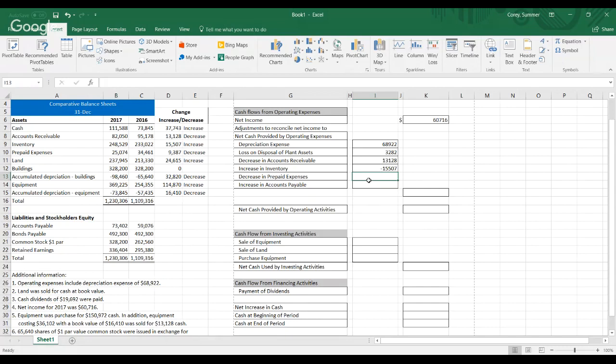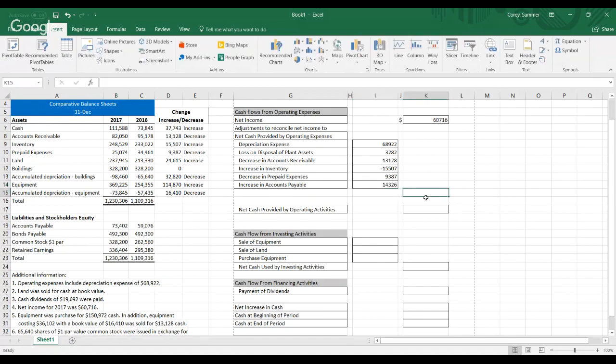And then we have our decrease in prepaid expenses, which is going to be 9,387. And then we're going to have our increase in accounts payable, which is 14,326.